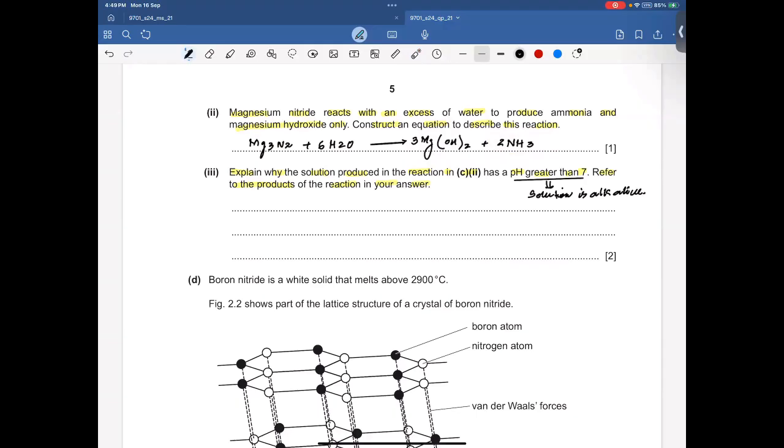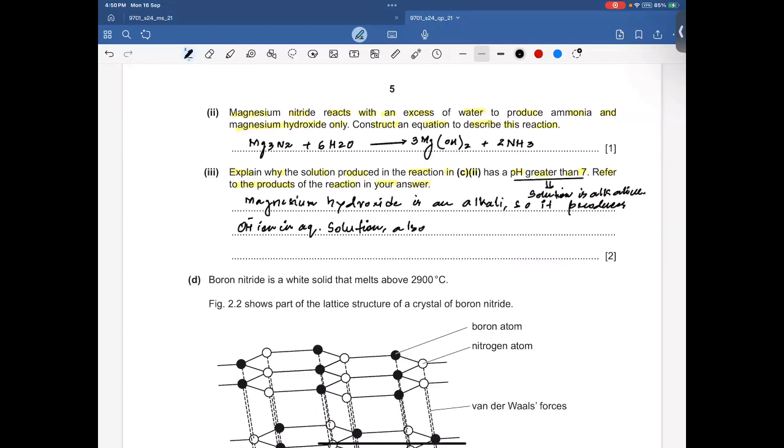So we need to write both the points. First, magnesium hydroxide is an alkali. So it produces hydroxide ions in aqueous solution.